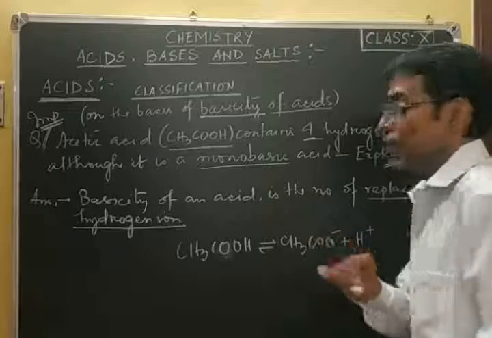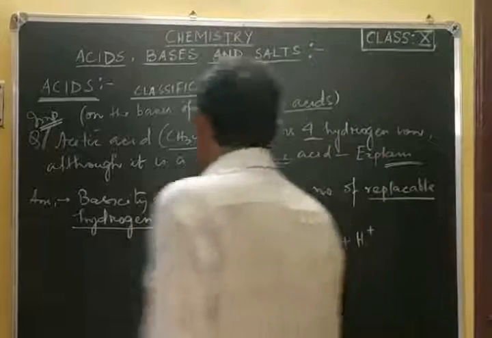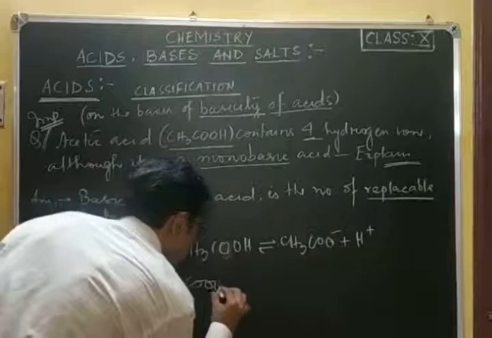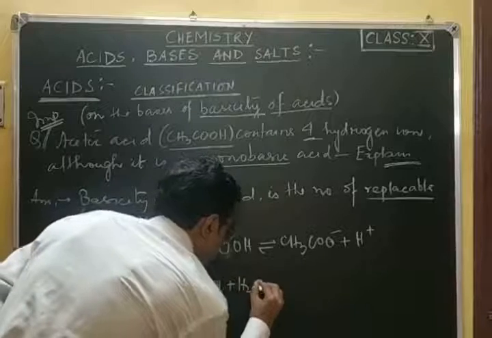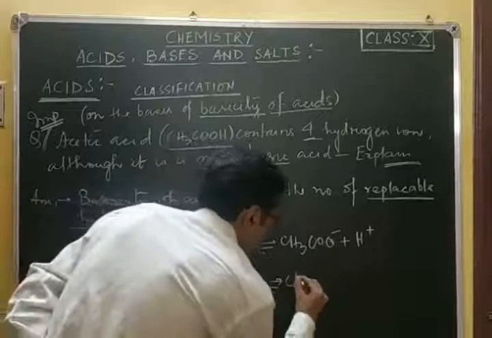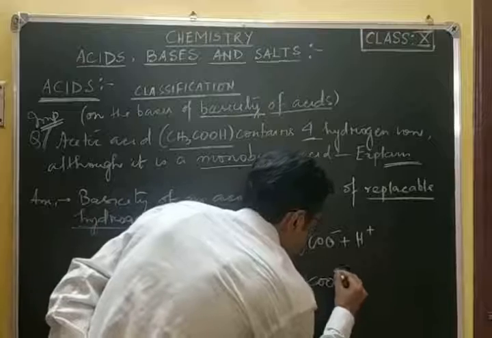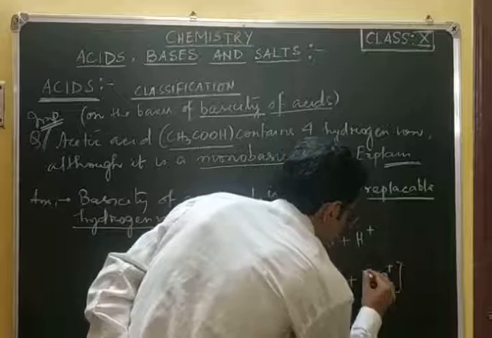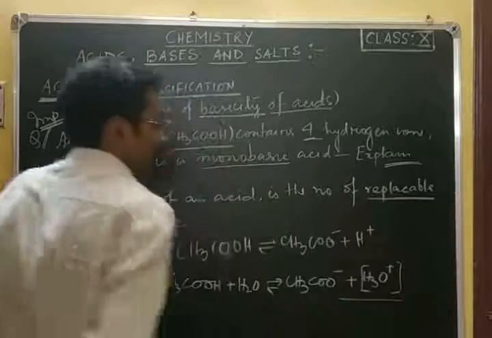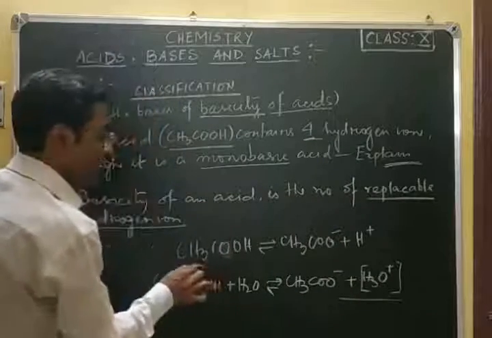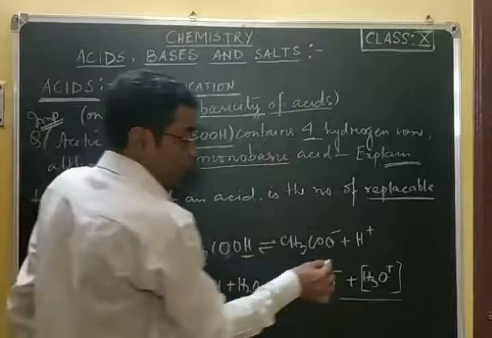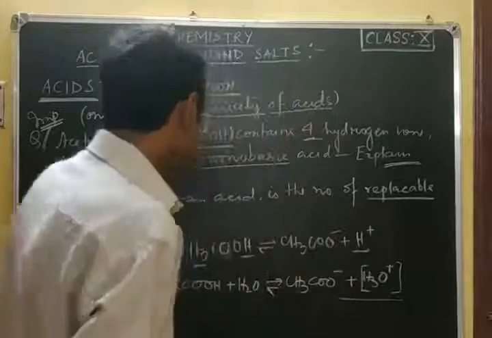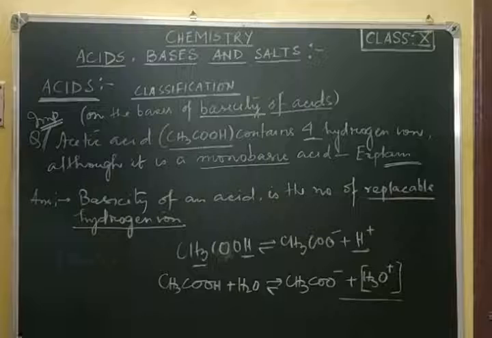Or, if you wish, you can write it like this: CH3COOH plus H2O produces CH3COO minus plus H3O plus. So although acetic acid contains 4 hydrogen atoms, in solution it can only release 1 hydrogen ion. Hence acetic acid is a monobasic acid.